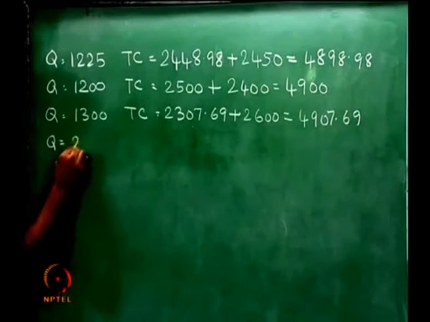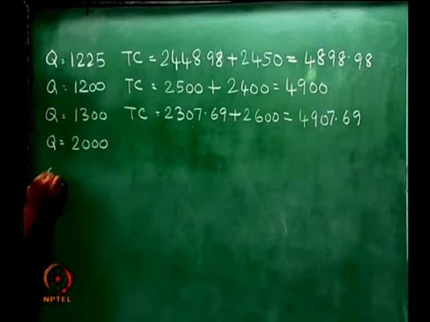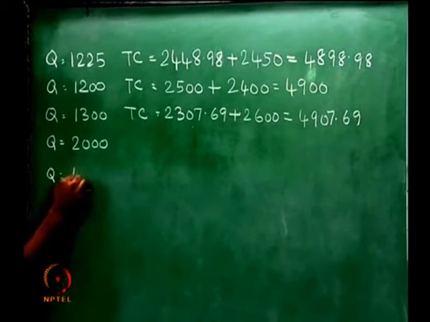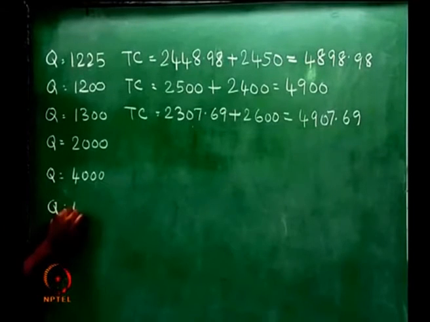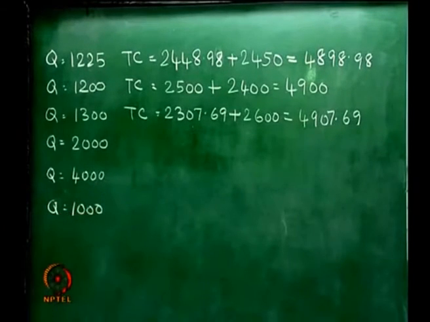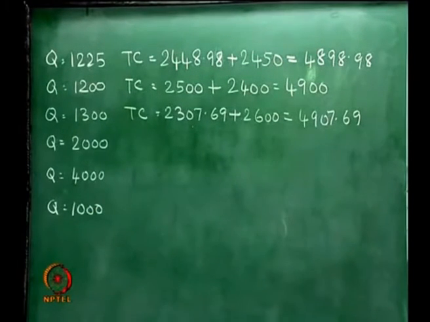Let us say the vendor can give only at 2000 or at 4000. Now, if the vendor is giving in multiples of 1000, let us say, then we are looking at three numbers, q equal to 1000, q equal to 2000, and q equal to 4000.